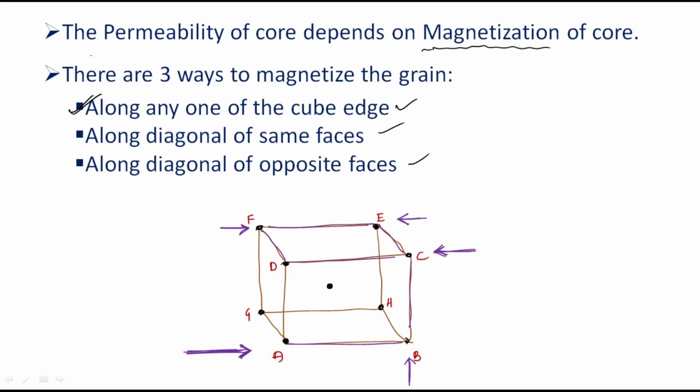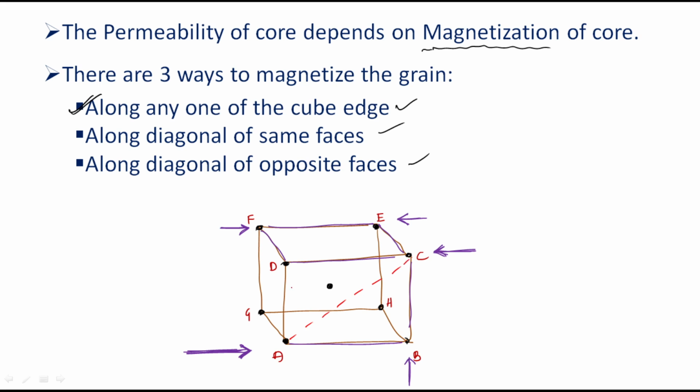Okay. Second one is what? Along diagonal of same faces. Let us consider this face ABCD. This is one of the faces. Along the cube edges means what?